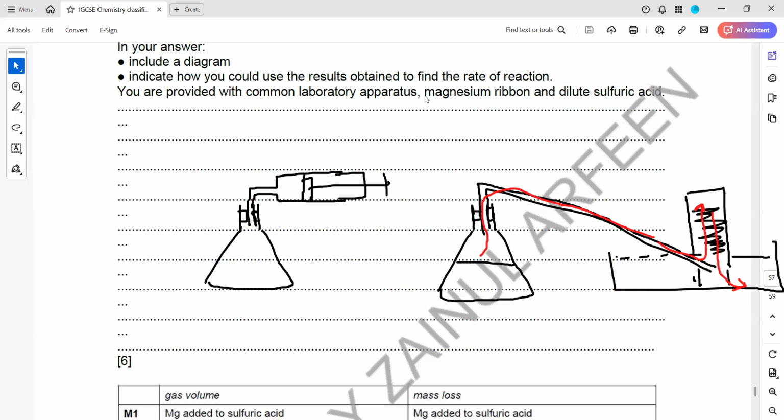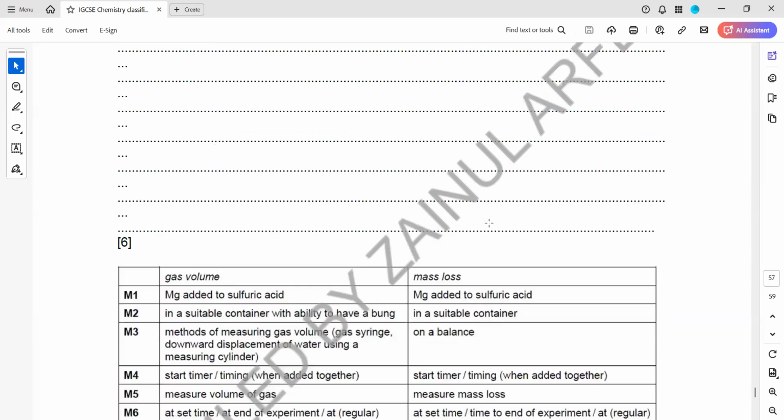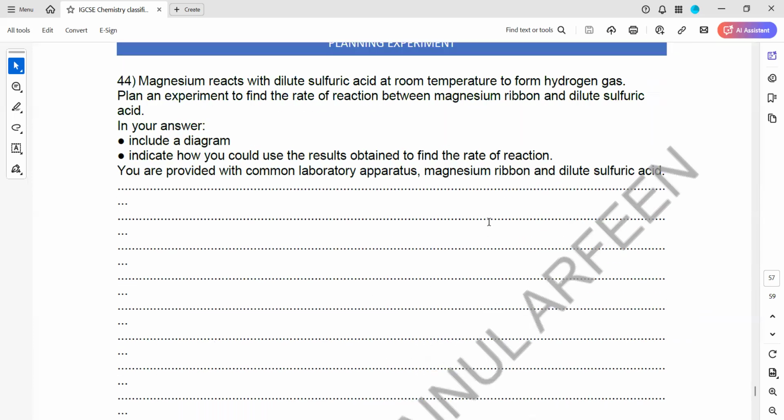Examples of insoluble gases: hydrogen is insoluble in water, nitrogen is also insoluble, and organic gases like methane are also insoluble. So the main idea is how we can collect the gas. Is this experiment clear?